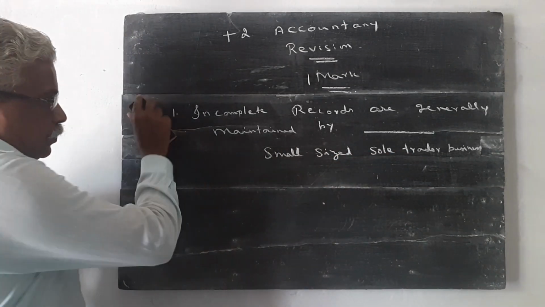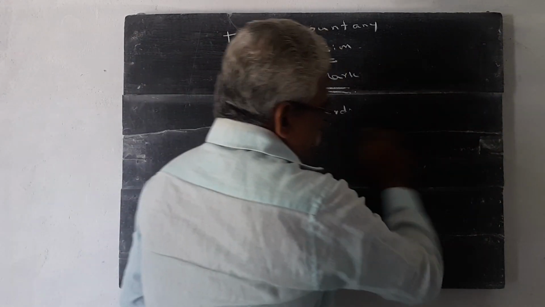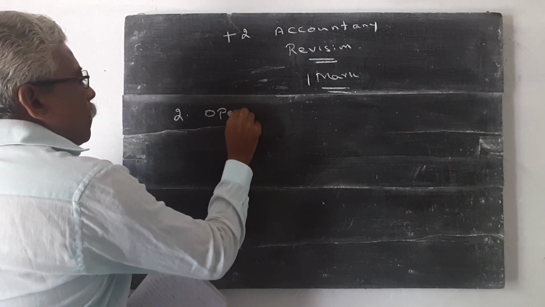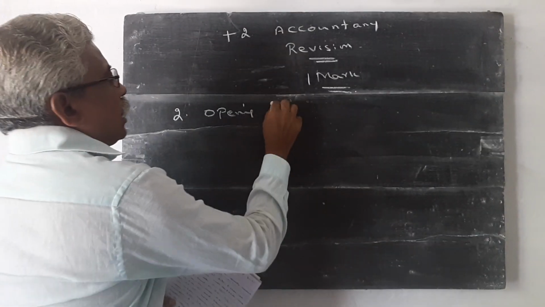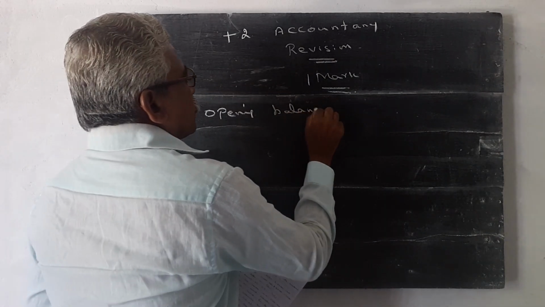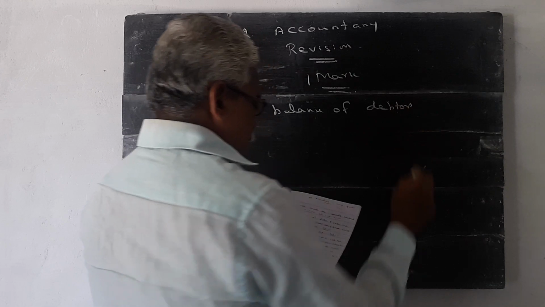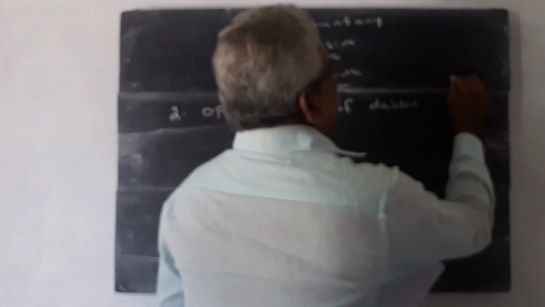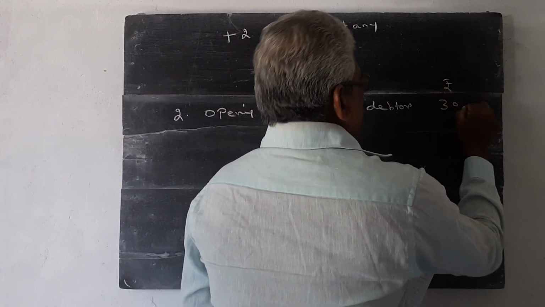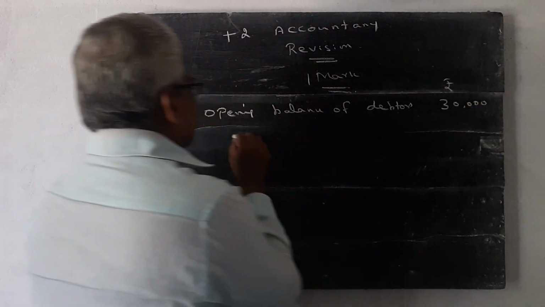Question number 2. Opening balance of debtors rupees 30,000.